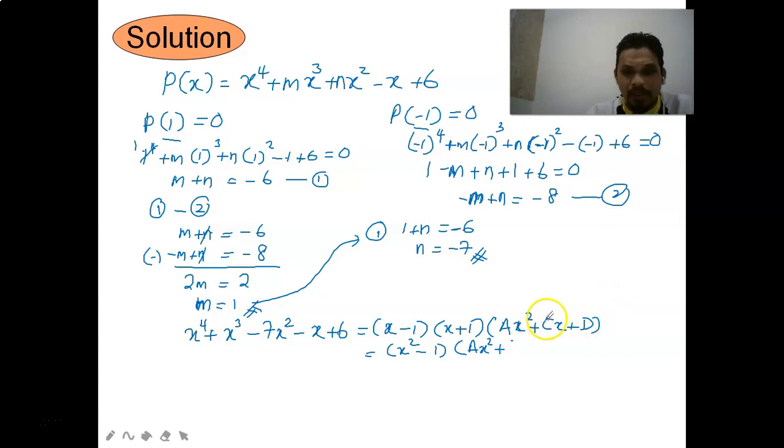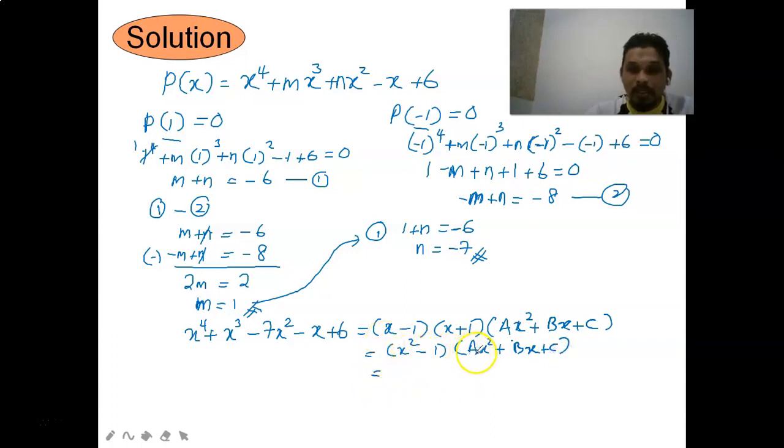So if I write it like this, ax squared plus bx plus c, times x squared minus 1.